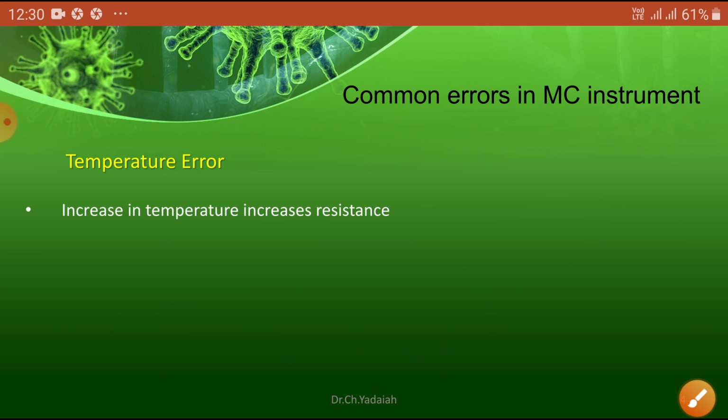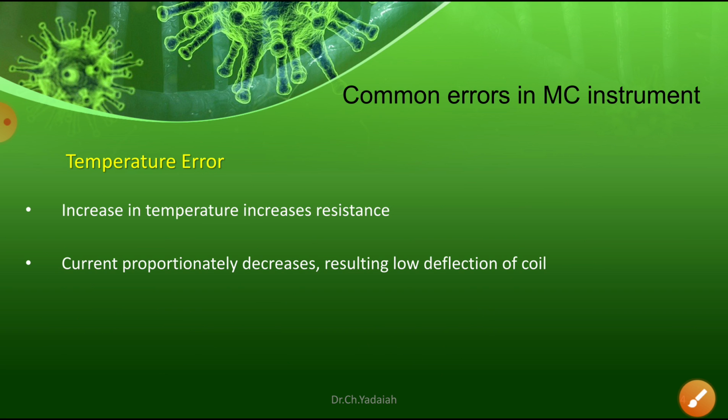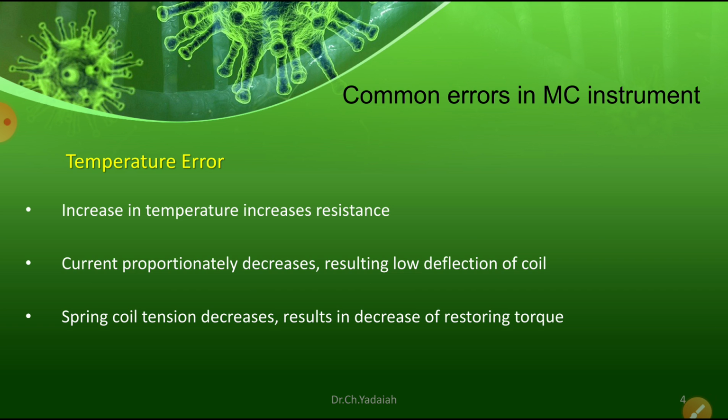It also affects the spring coil. The spring coil's tension decreases. If it expands more, then looseness takes place. The tension decreases, and as a result the controlling torque also decreases. Here the deflecting torque changes and the controlling torque also changes, thereby leading to some error.